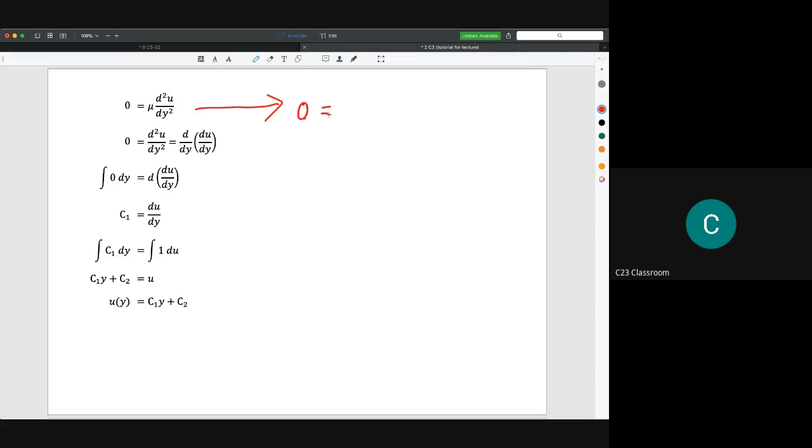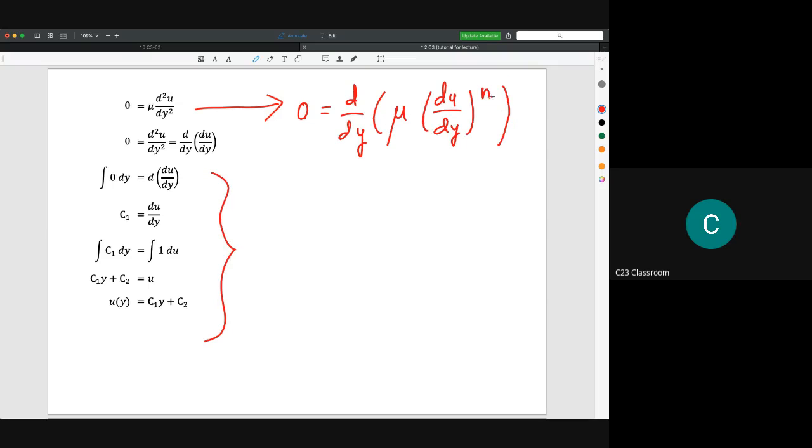And then you could write d over dy, and then you have the mu, and then you have the du over dy to the power of n. Okay, and then I leave it here. I hope you could do the same thing like this one. Please make sure that you do not integrate wrongly with this power.